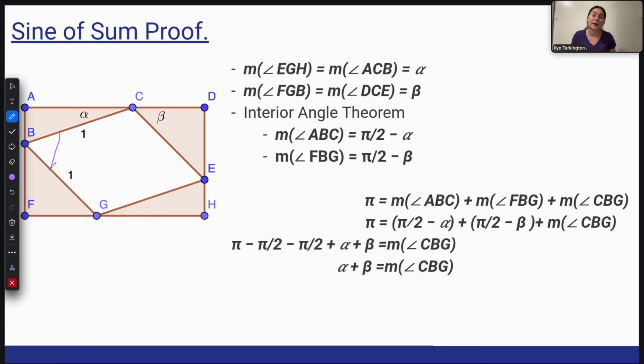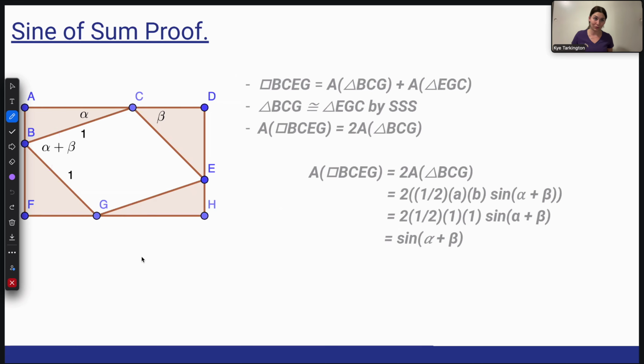And using the interior angle theorem, and then also A2, we're able to do a bunch of algebra over here, and we get that the measure of CBG is going to be alpha plus beta. And in solving that, we're able to now solve for the area of the quadrilateral BCEG. And so notice that we can partition this quadrilateral into two congruent triangles.